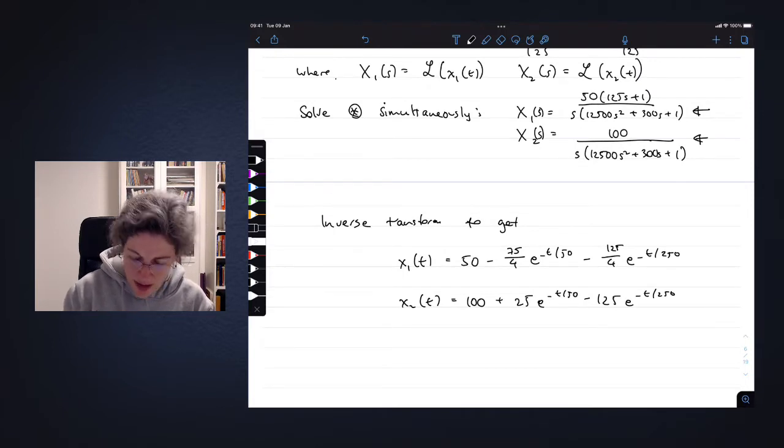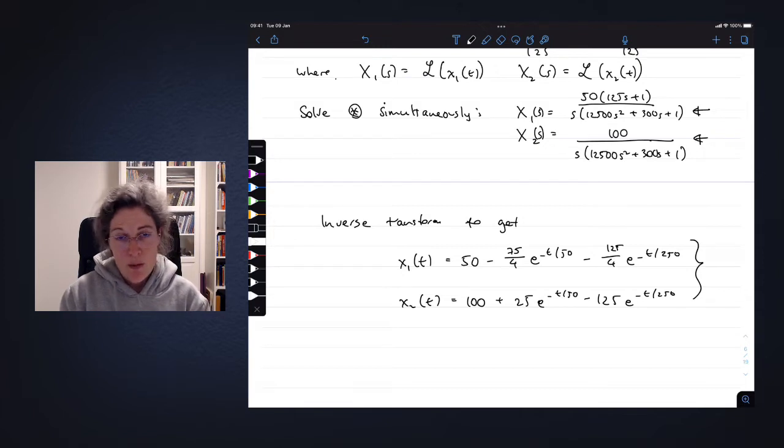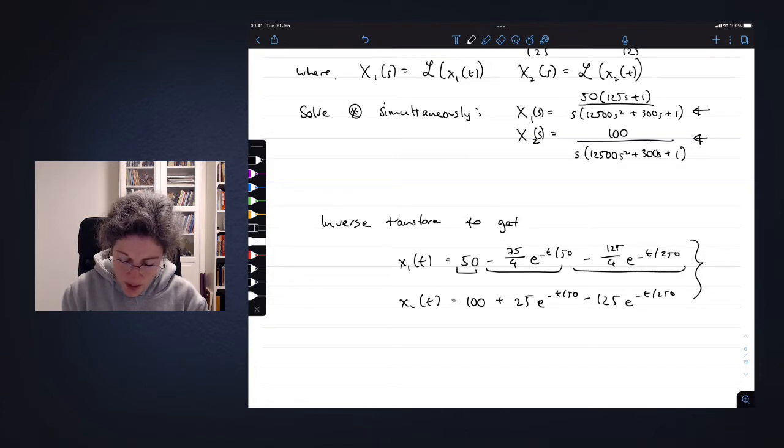And you could plot these, and I recommend that you do, and I'll put the plot into the final version of this. But you can have a look and see that we've got a 50, and then we're subtracting off two terms that are exponential decay. And again over here, we're starting at 100, and we've got a plus, so we're adding an exponential and then subtracting off an exponential decay.